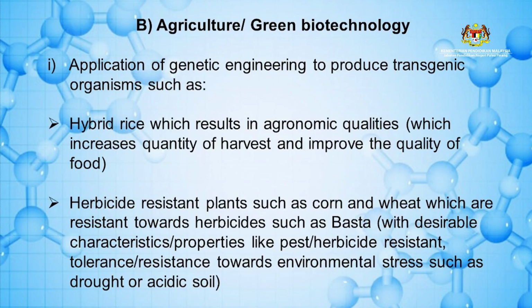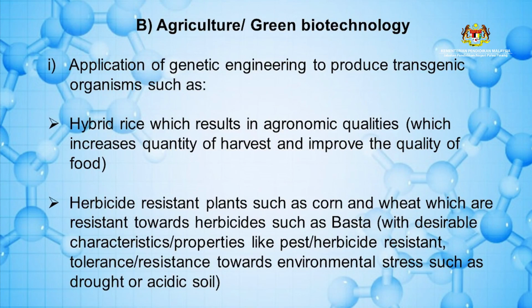Next, we will look into agriculture or green biotechnology. Applications of genetic engineering produce transgenic organisms such as hybrid rice, which has agronomic qualities that increase the quantity of harvest and improve the quality of food.